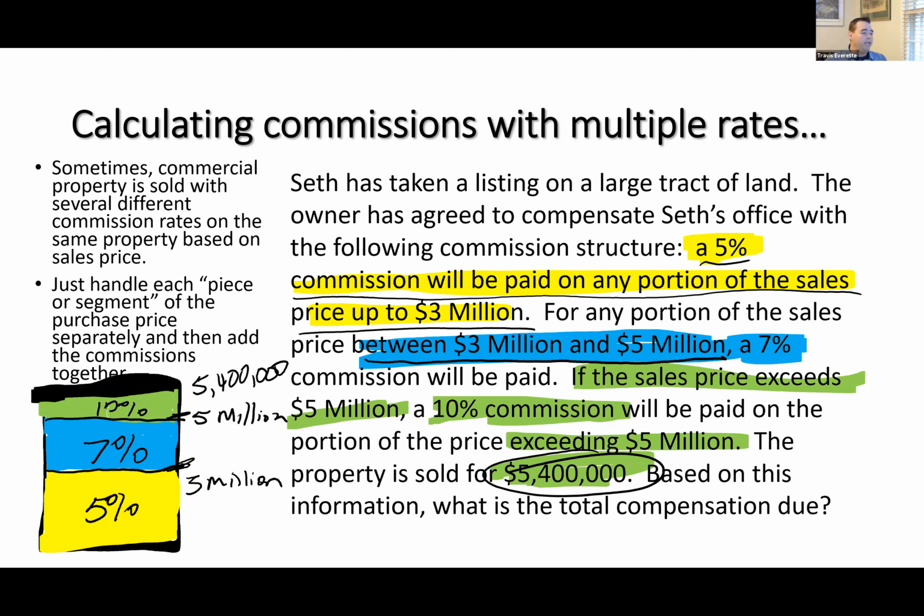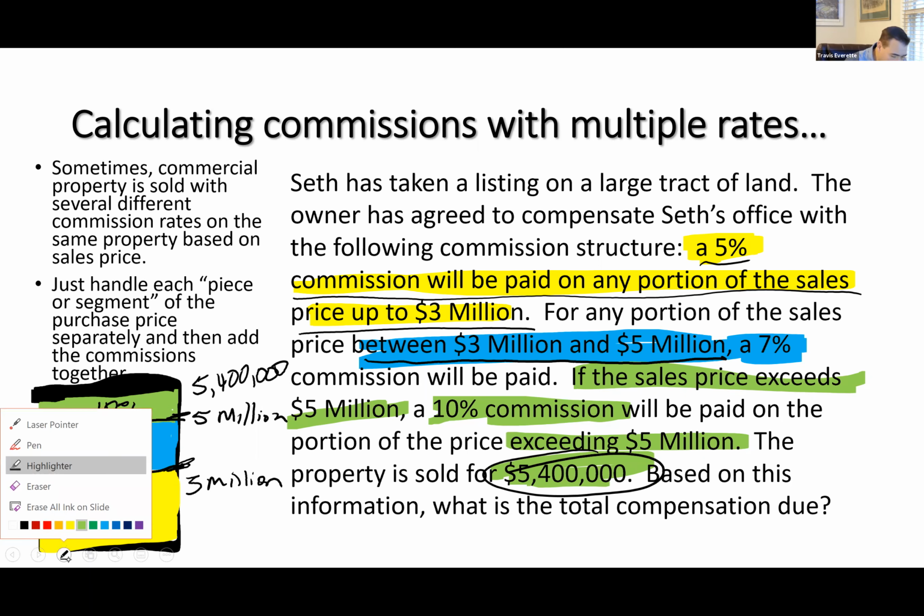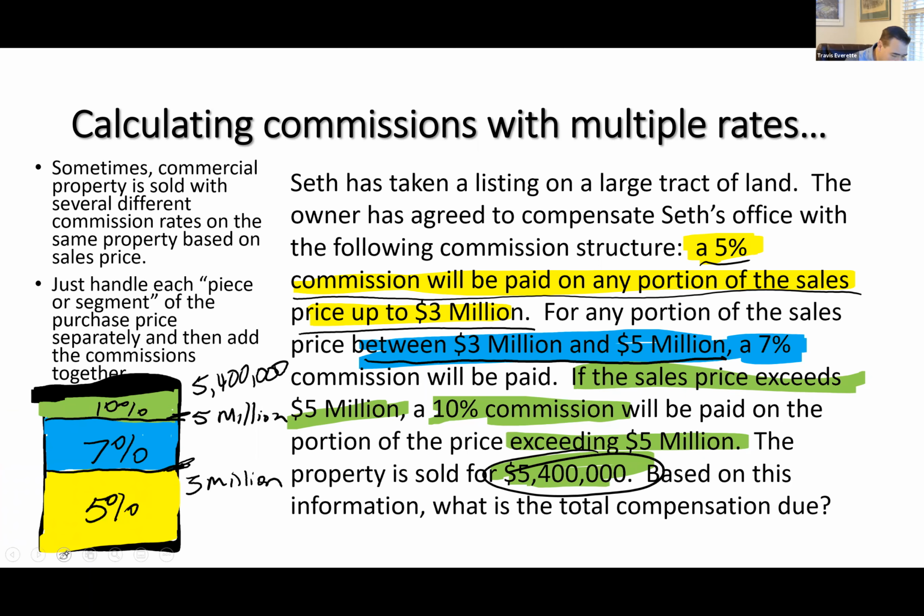Here's what we really have, folks. We really have 3 separate transactions. And that's what we're going to do. We're simply going to figure out how much money is in each one of these boxes and then do those commission percentages. So I'm going to label it on here, and we'll go back to a red pen, and I'm going to label how much money.